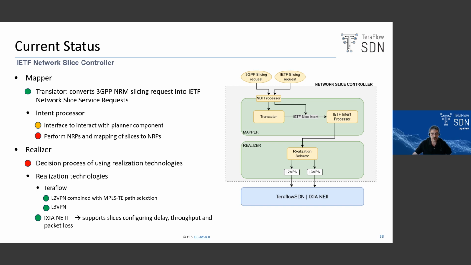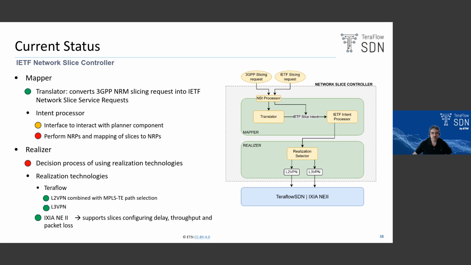But we have preliminary implementations of the realization technologies, that means the IETF layer 2 and layer 3 VPN connectors. For the layer 2 VPN, it even combines with the MPLS path selection, so it's ongoing.